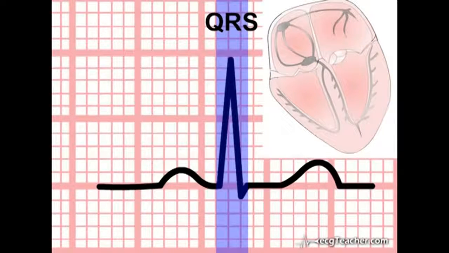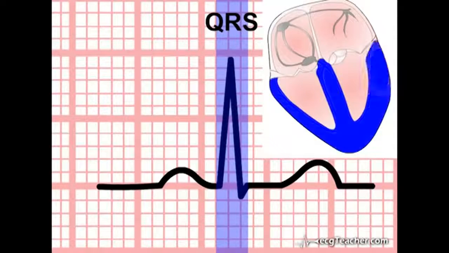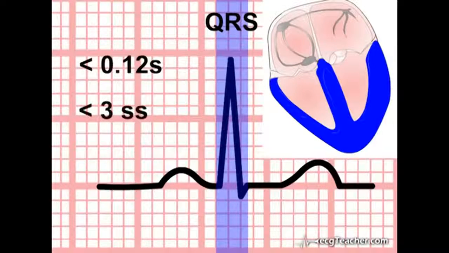The conducting system of the ventricles is a highly specialized tissue capable of transmitting the depolarization wave rapidly around the chambers. Note therefore that with an intact conducting system, depolarizing current is delivered to all sectors of the ventricles in a very short time period, and ventricular depolarization of all regions of the chambers is complete within 0.12 seconds, that is, 3 small squares.